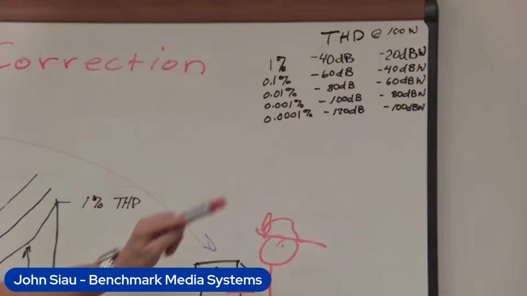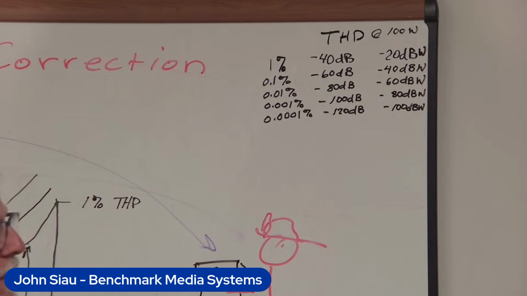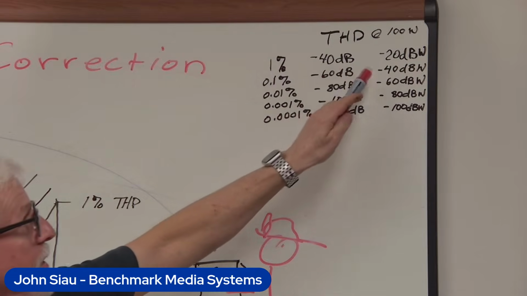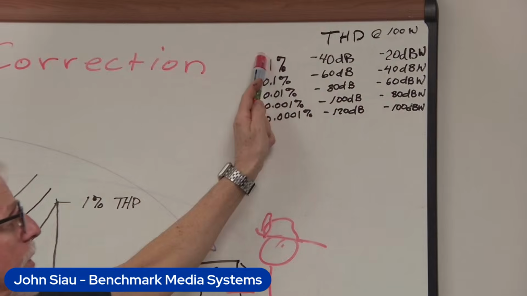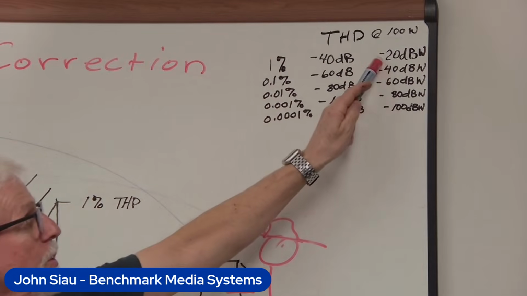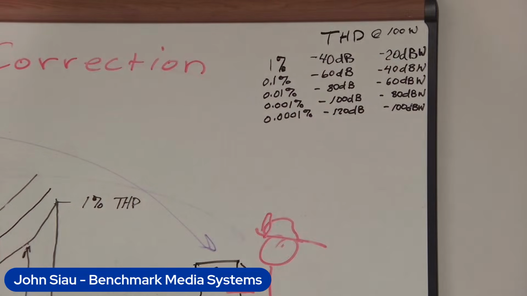That's all right. But let's look at 1% distortion. Let's suppose your main amplifier was creating 1% distortion. That's with a 100 watt amplifier at 1% distortion. My distortion is minus 20 dB watts.